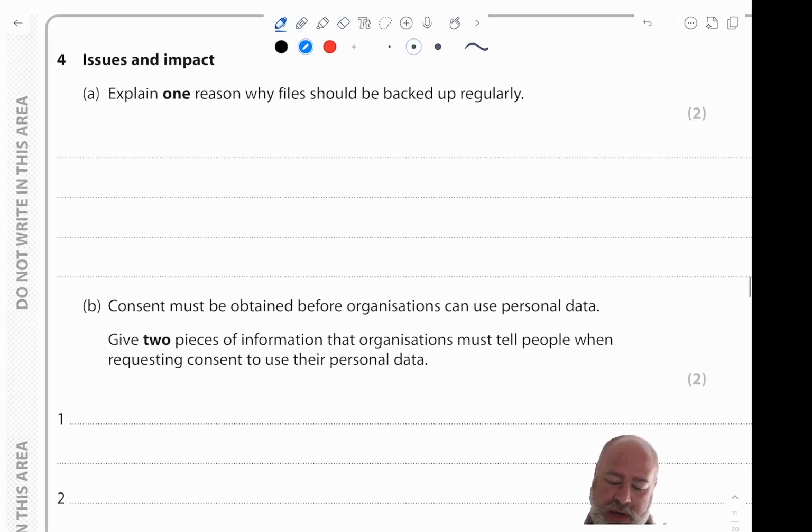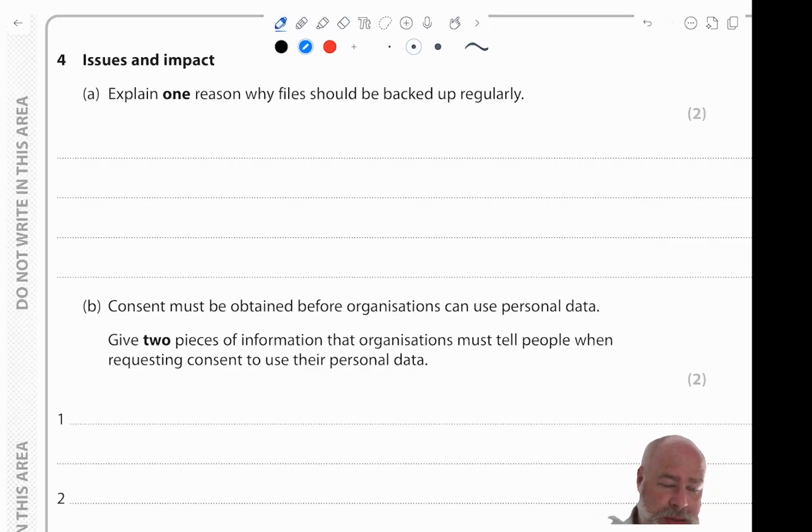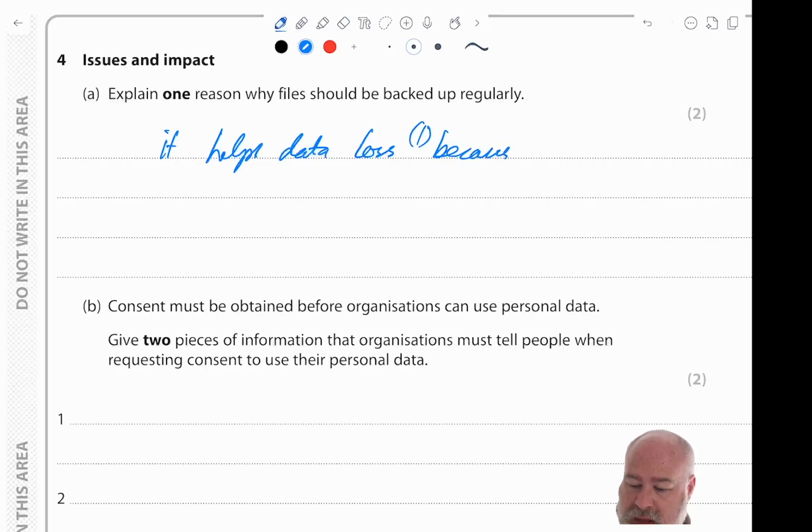Issues and impact. Explain one reason why files should be backed up regularly. Use a little bit of common sense. It helps prevent data loss, quite frankly. The easiest answer. That could be a mark, but you have to link it together.